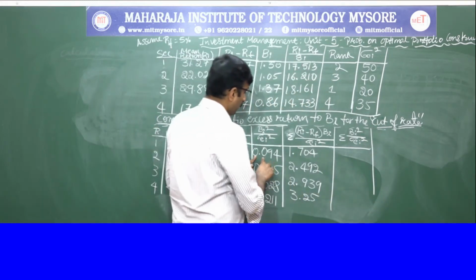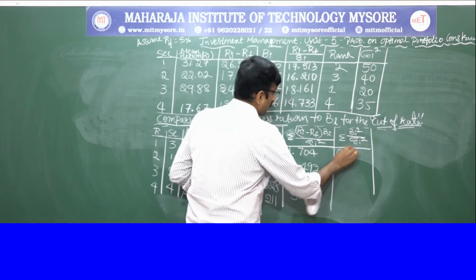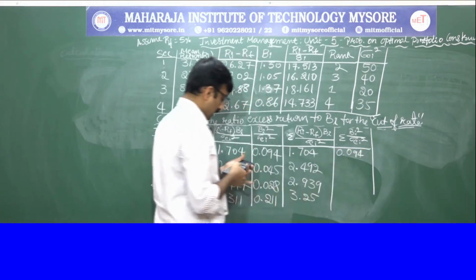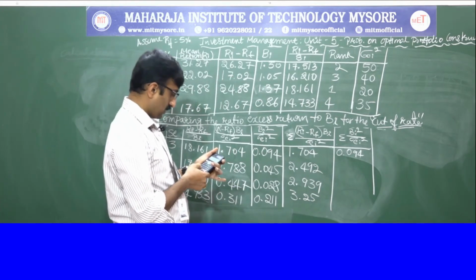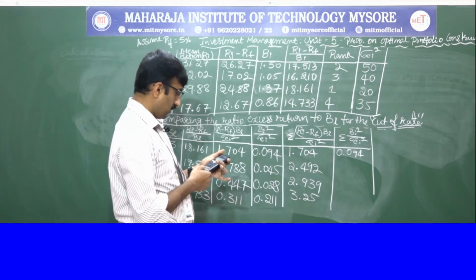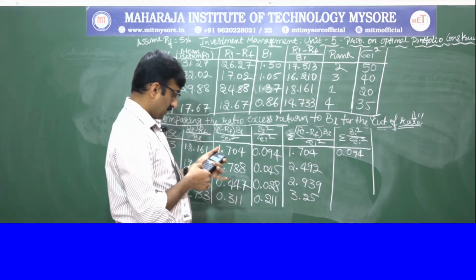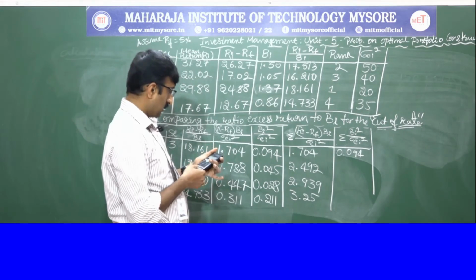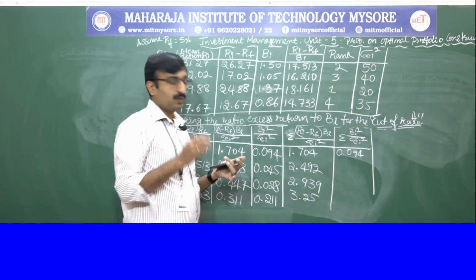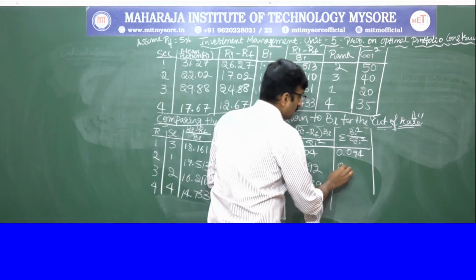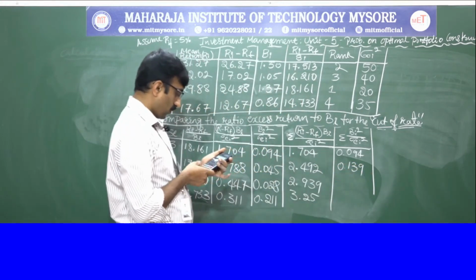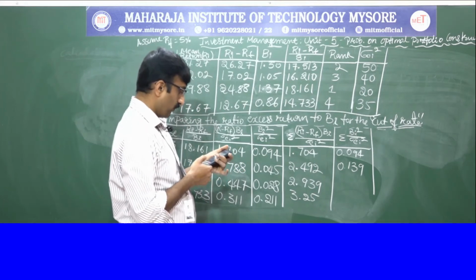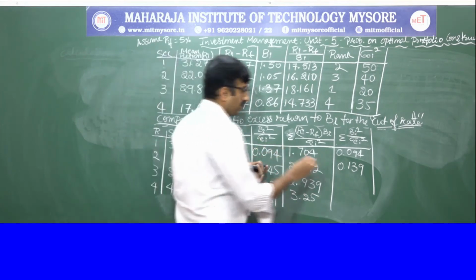First year, first stock it is as usual 0.094, 0.094 plus 0.045, it is 0.139 plus 0.028. If you do, you will get 0.167.